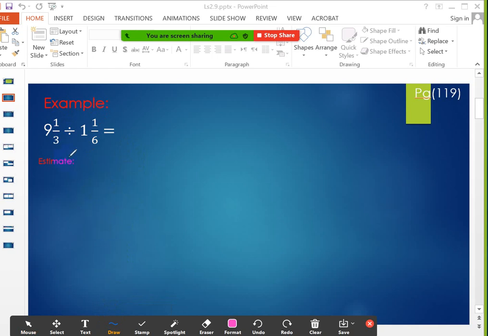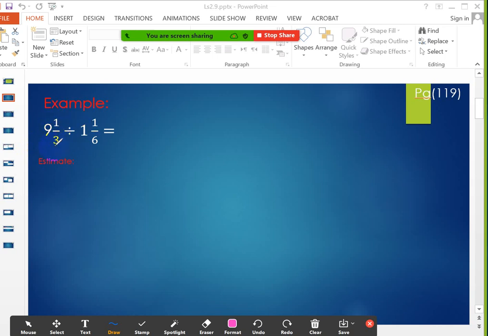Okay, first thing, if I want to estimate the answer, girls, what will the estimation be? You remember I told you to estimate the answer you have to round the numbers. If I have a mixed number, that means I have to round, and my issue here is the fraction. So I want to round the fraction.